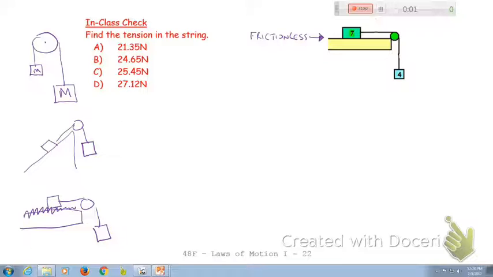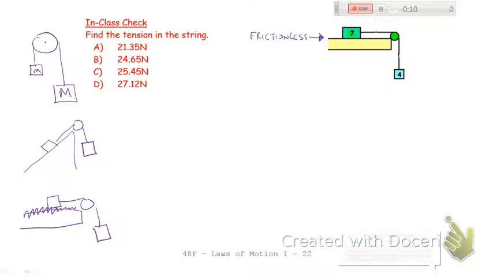Give me A if you think this will not move, B if you think it will coast, that means constant velocity, and C if it will accelerate, when you let this thing go. You take your finger off it, and you say what happens next. So give me A, B, or C.